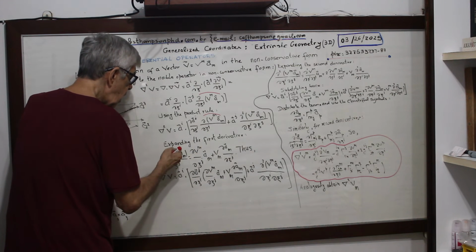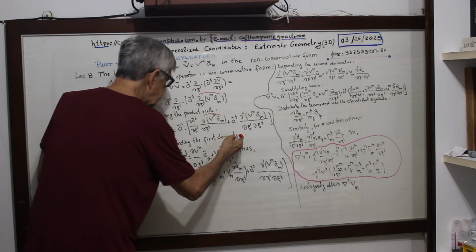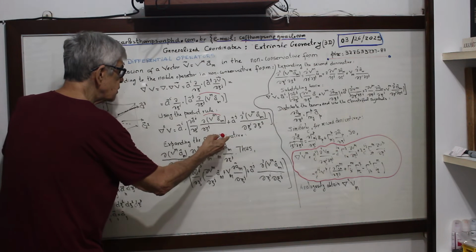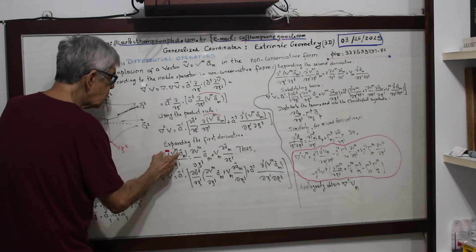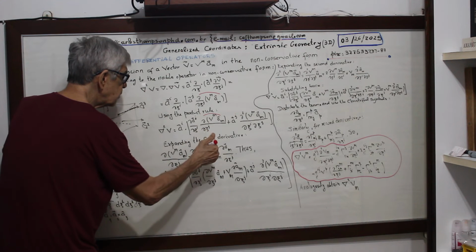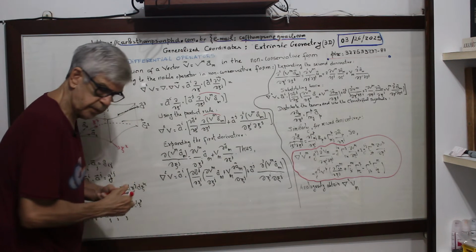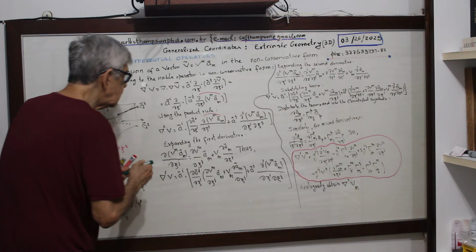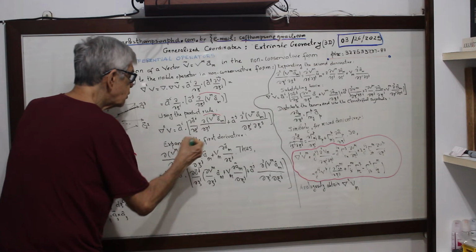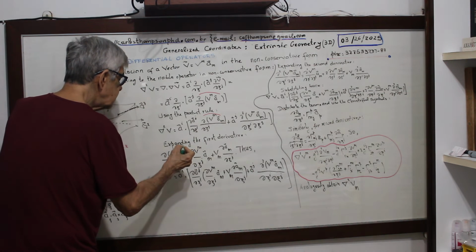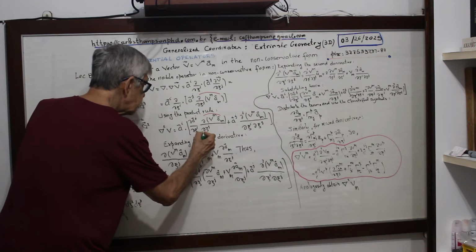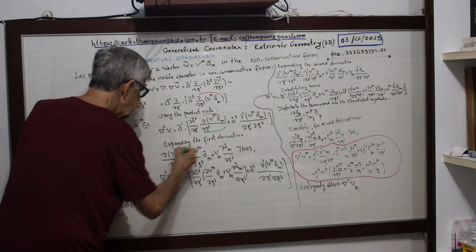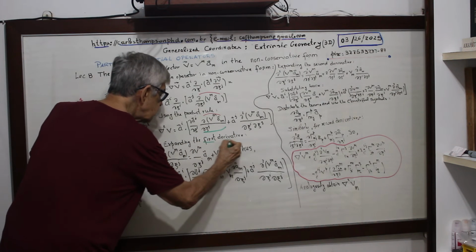So, I'm expanding now the first derivative, okay? You see, that's the first derivative over here. So I'll put a color here just for you to understand clearly what we are doing. You see, that's the first derivative over here. Expand the first derivative.